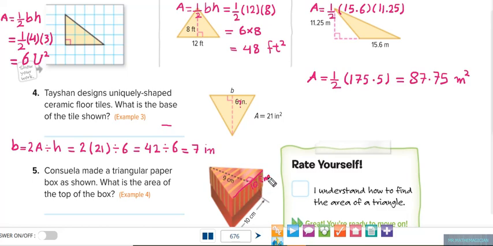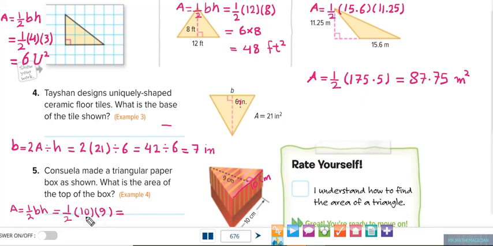Okay, it's easy to find this surface now, which is the top of the box. So area equals half BH equals half multiplied by the base of the triangle, which is 10, the height of the triangle, which is 9.